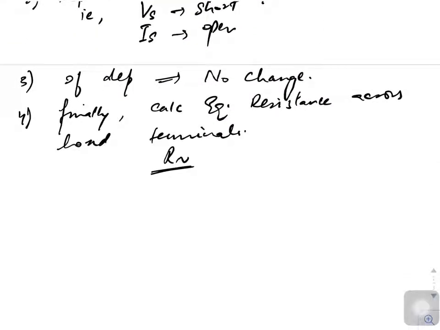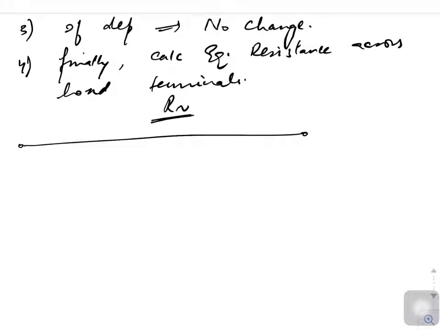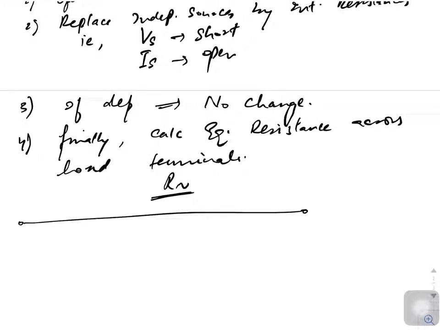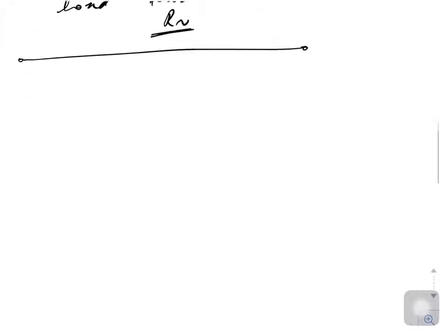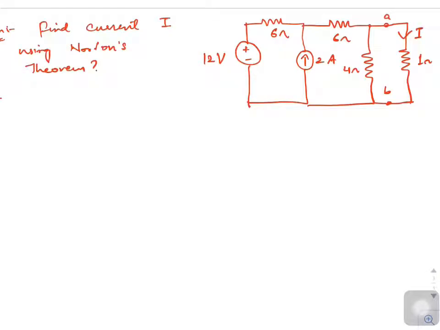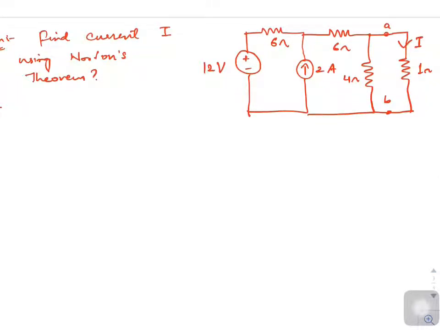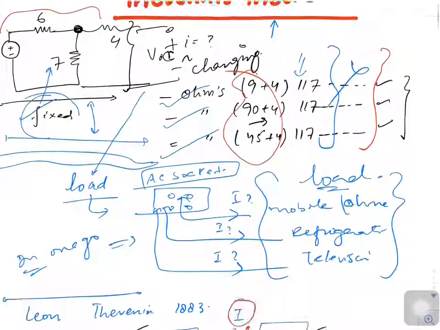Now to understand these steps further, we should solve one problem based on Norton's concept. The diagram is the same as the one we had solved for the Thevenin calculation.